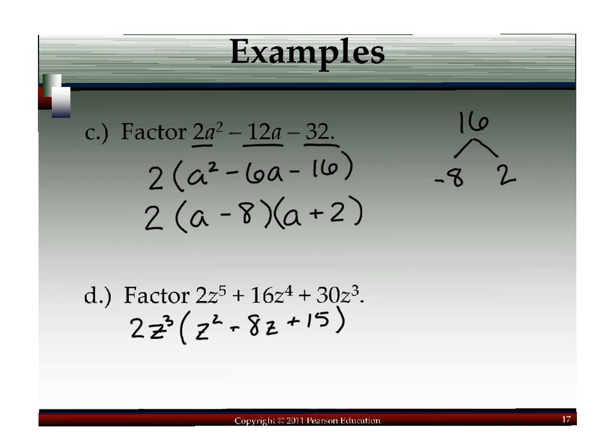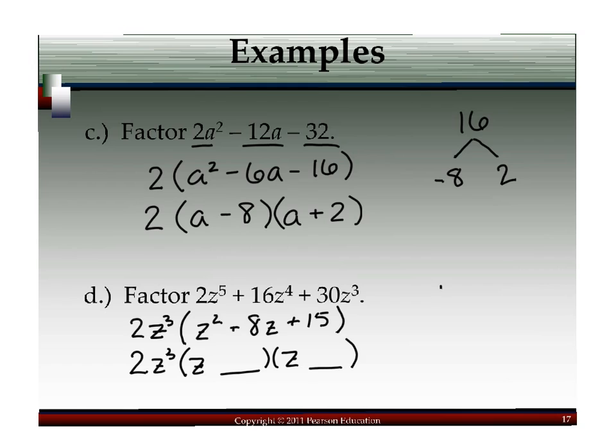Alright, now let's factor this portion of it that's in parentheses. We're going to keep this factor on the outside. Break this apart and place your z here and here. And now we're looking for two factors of 15 that add up to 8, and that's going to go in these spots here.